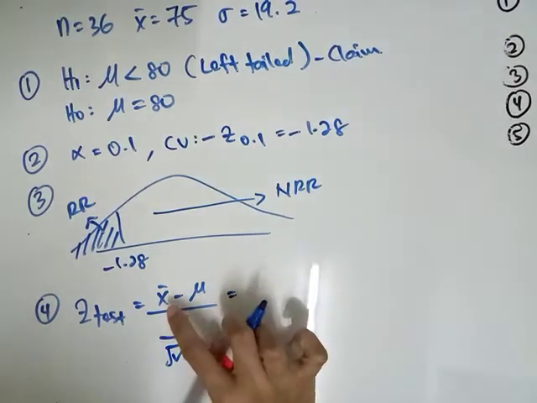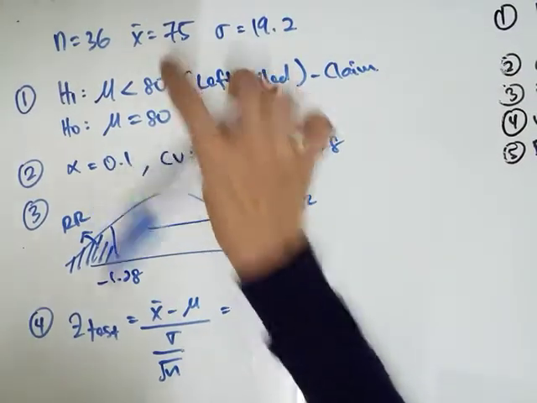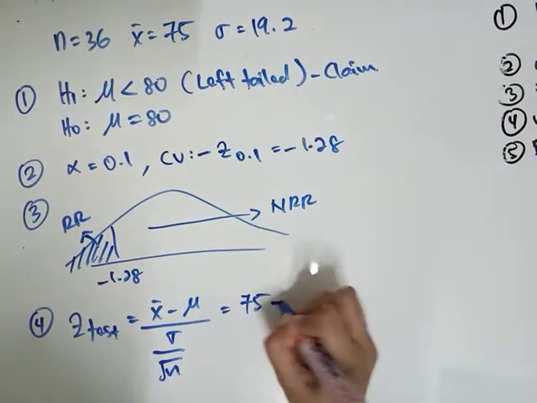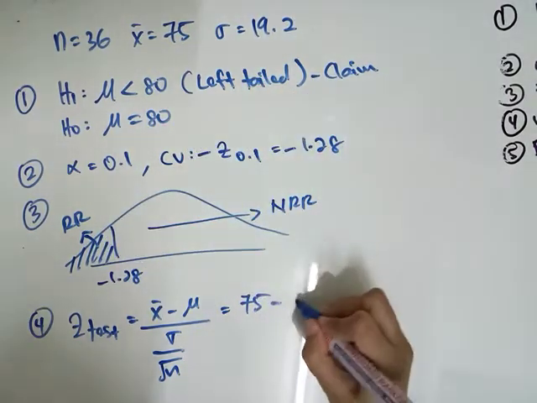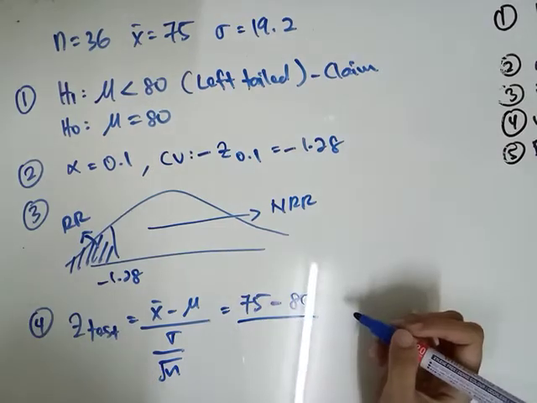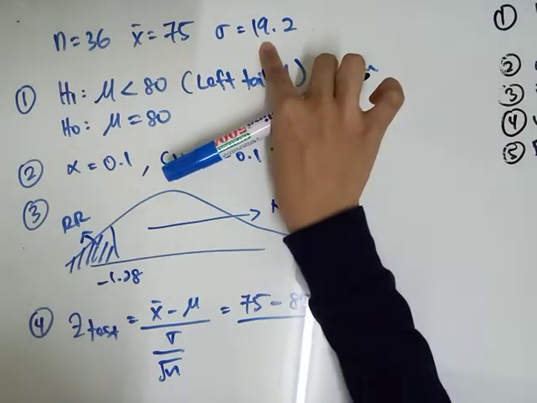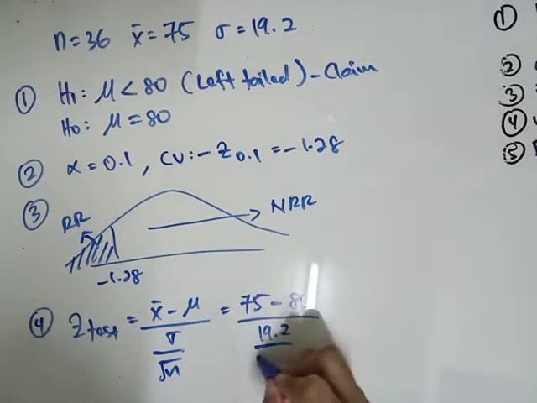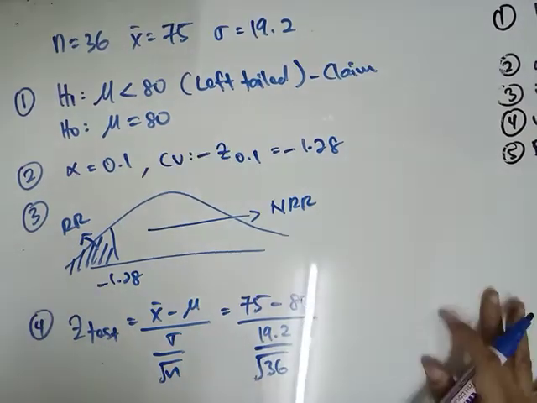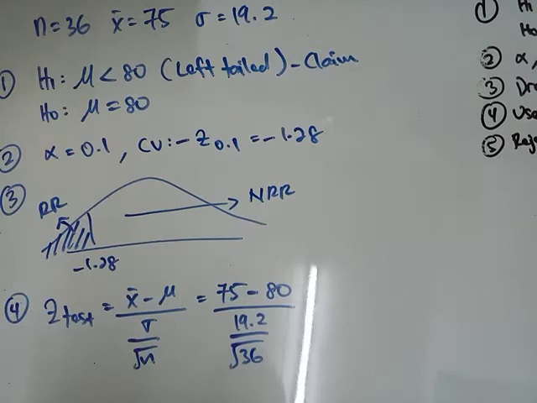So we know that sample mean is 75 minus population mean, it is 80, divided by population standard deviation, it is 19.2, over square root 36.